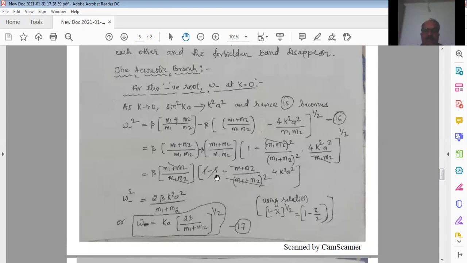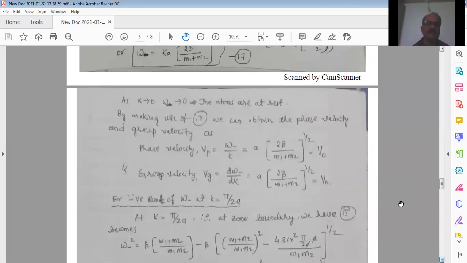So this is 1 minus that term, and you simplify, cancel, and simplify. We are left with this: omega minus is equal to k into (2 beta divided by m1 plus m2) raised to half. So this is the angular frequency of the acoustic branch at k is equal to 0.